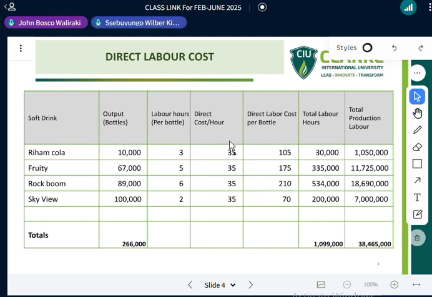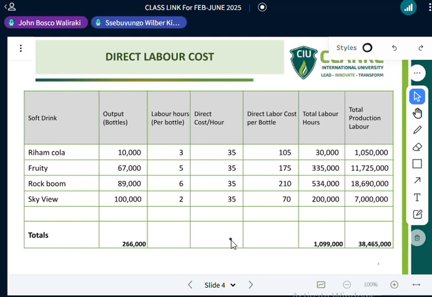So that tells us that I've just pulled out that 35 shillings to be the direct labor cost per hour for every bottle, regardless of its brand.